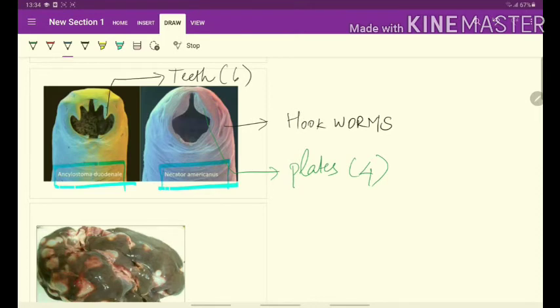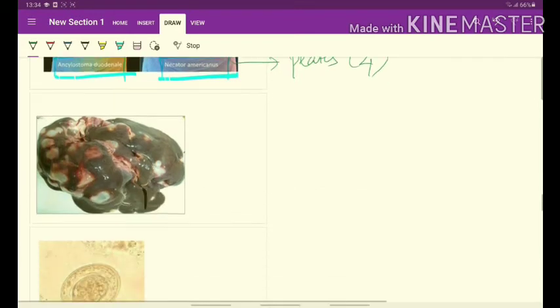They cannot be differentiated by their eggs, as both of the eggs are same. The Ancylostoma duodenale causes more iron deficiency anemia compared to Necator americanus. This is because the Ancylostoma duodenale has sharp teeth-like apertures which cause more blood loss and thereby lead to more severe iron deficiency anemia.